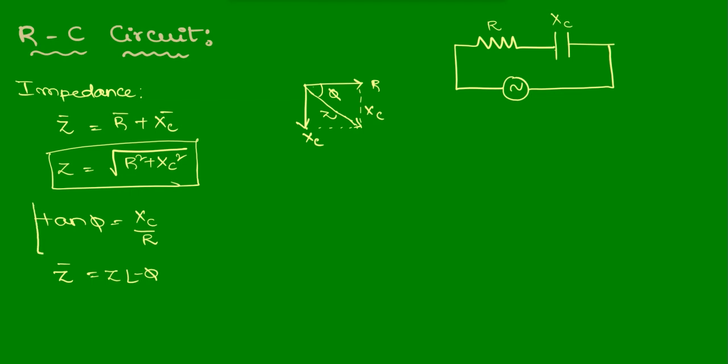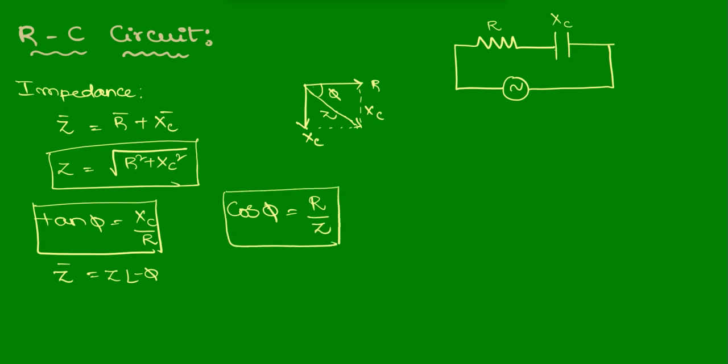And you can find cos phi also from here. This cos phi is equal to adjacent side by hypotenuse, R by Z, and this is called the power factor of the circuit.